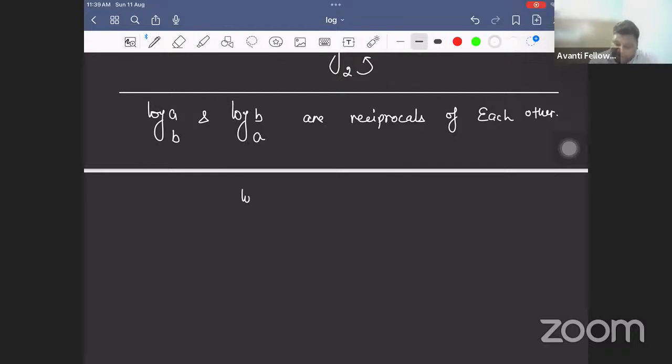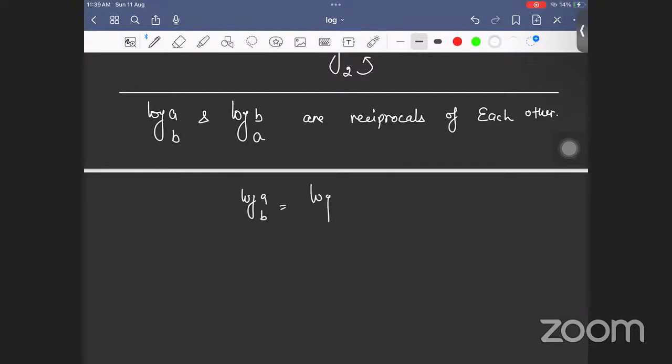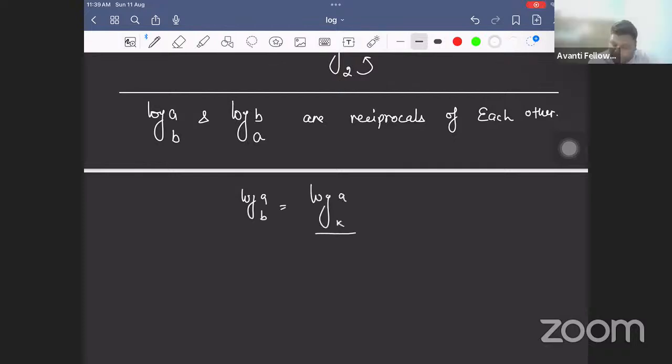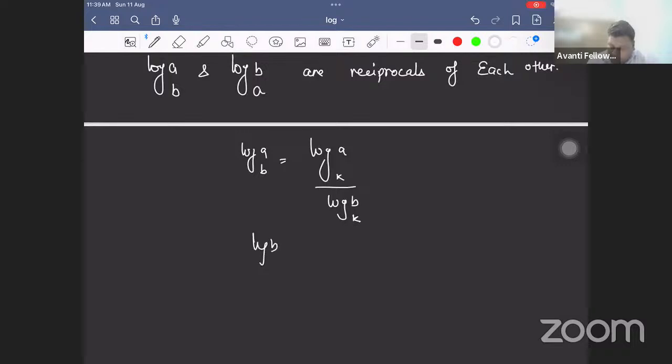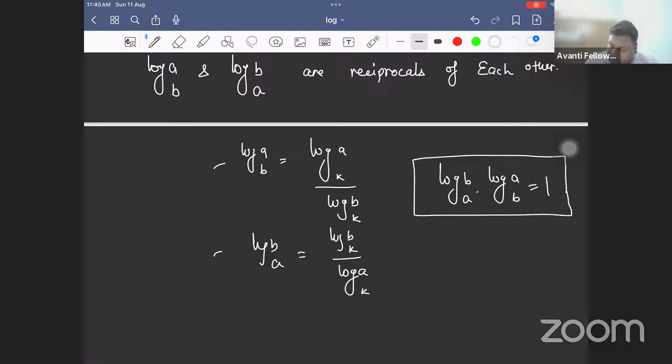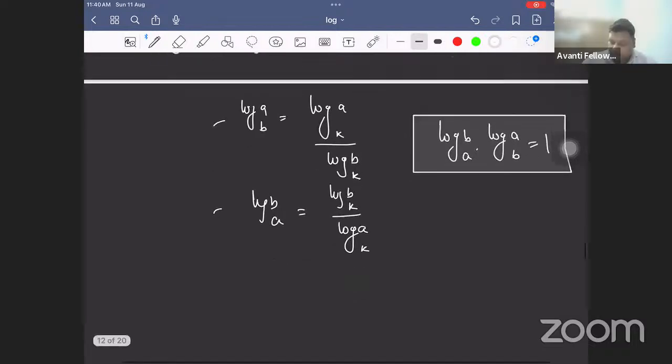Log A base B can be written as log A base K upon log B base K. With a common base we can break it. And log B base A can be written as log B base K upon log A base K. Now, if you see, they are reciprocals of each other. That means log B base A into log A base B is going to be 1.